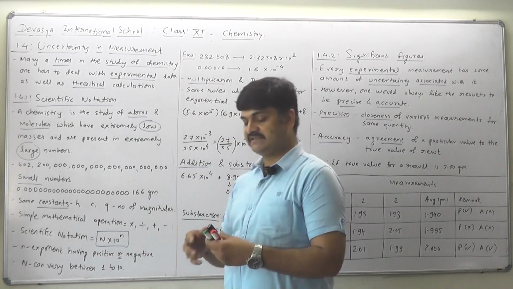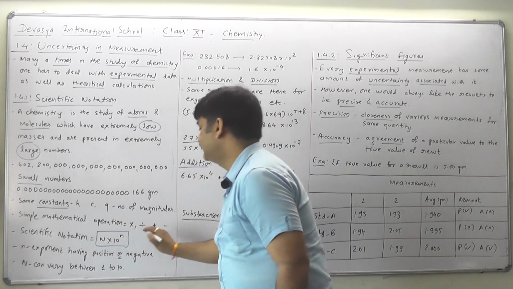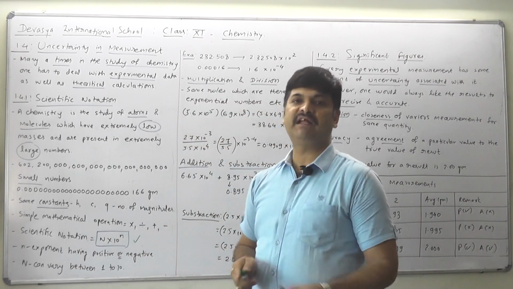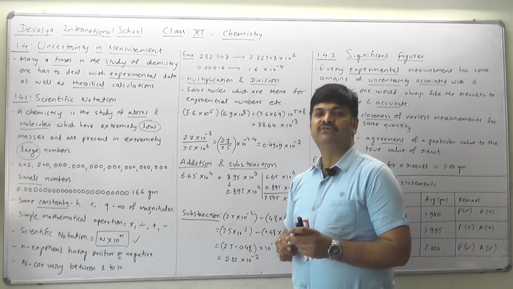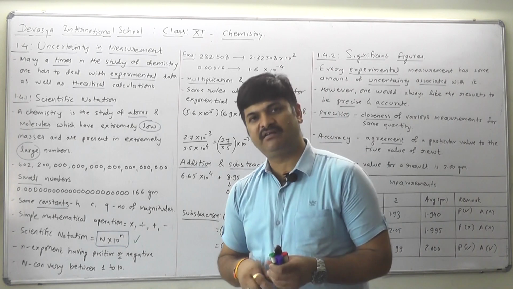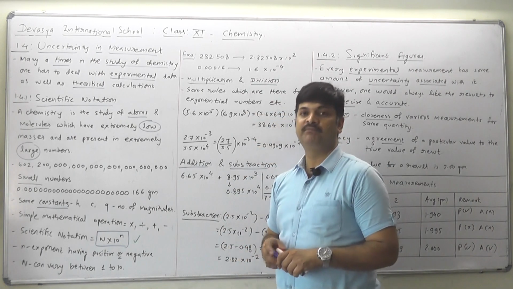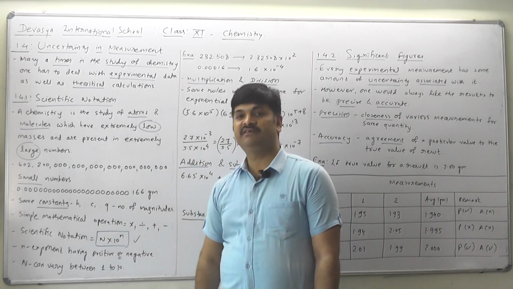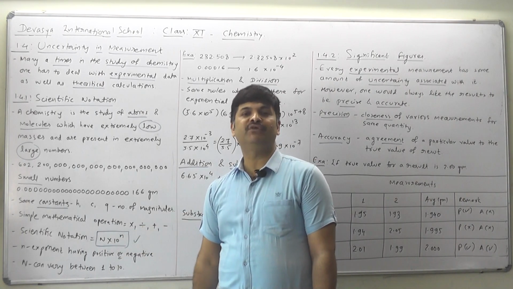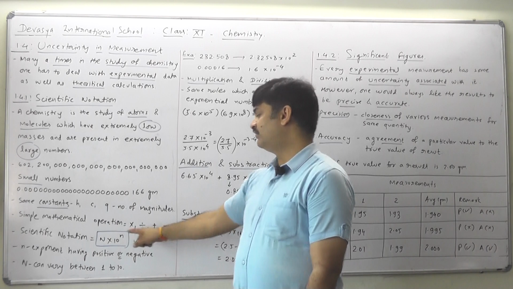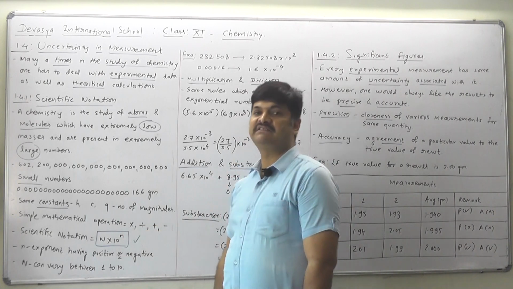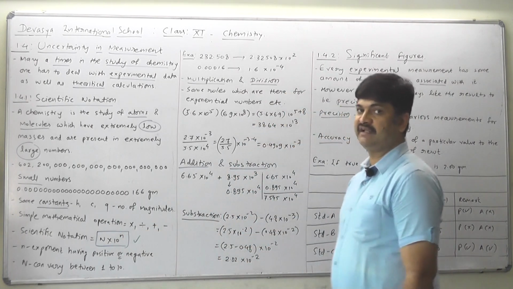You have to remember this. The value of capital N is always between 1 to 10, and the value of small n is either positive or negative.